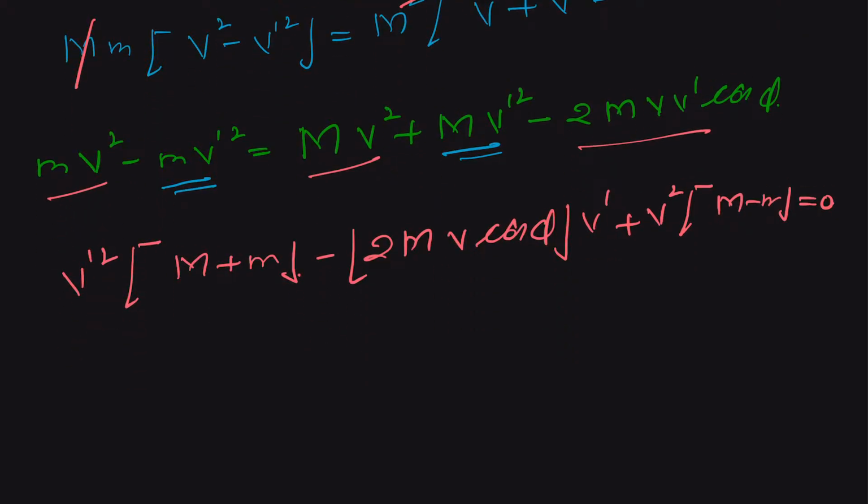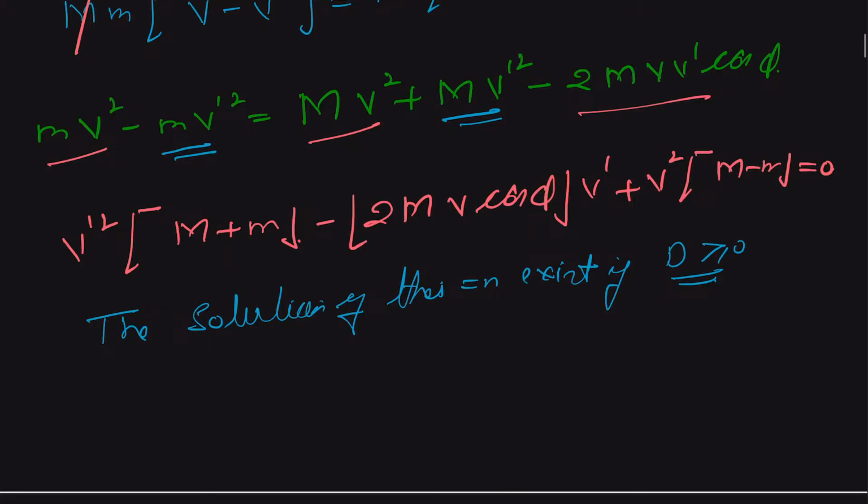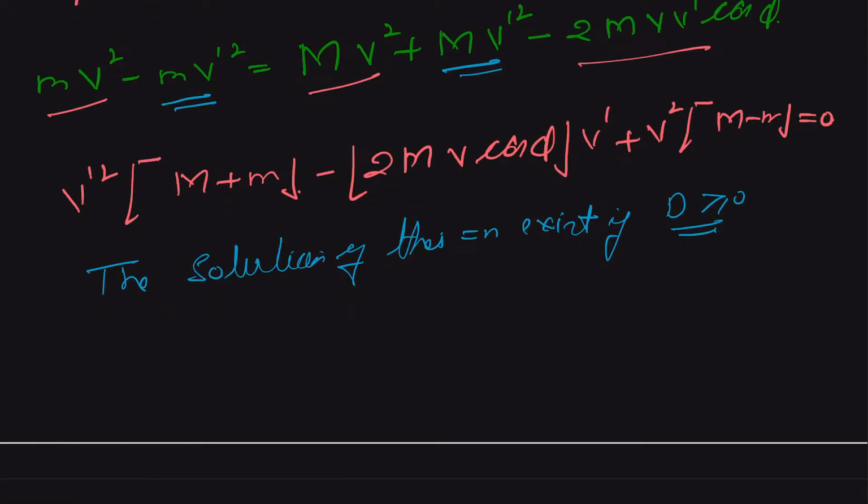So from here we can say the solution of this equation exists if our discriminant is greater than or equal to 0, which basically means b square minus 4ac should be greater than or equal to 0.